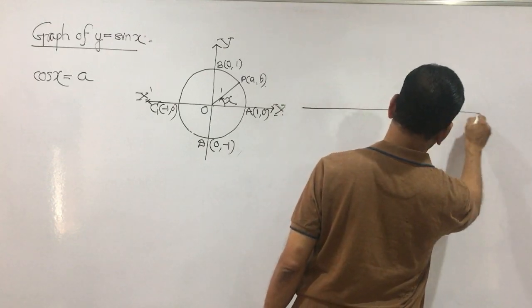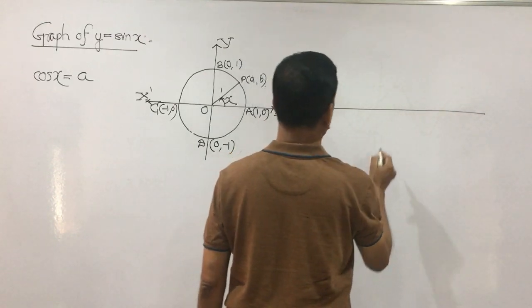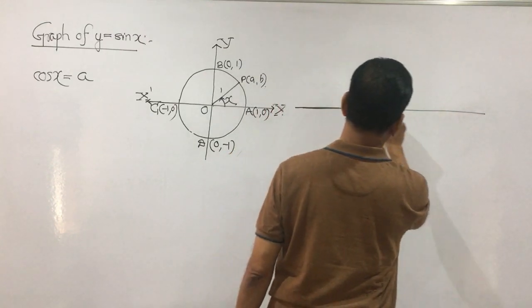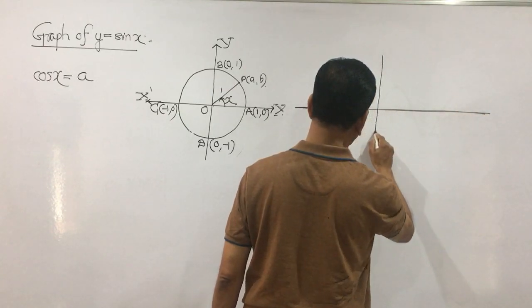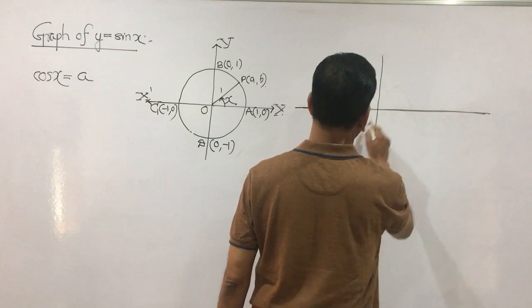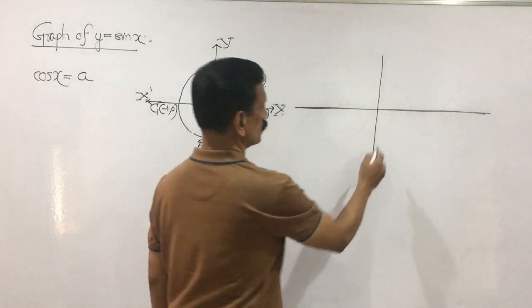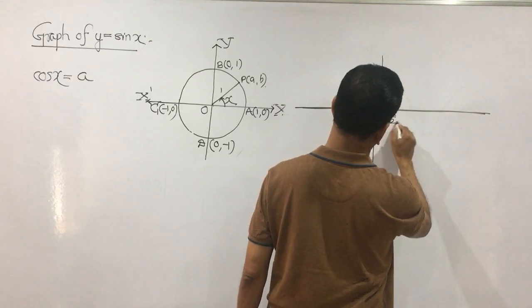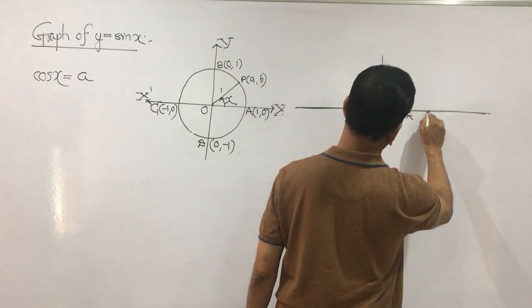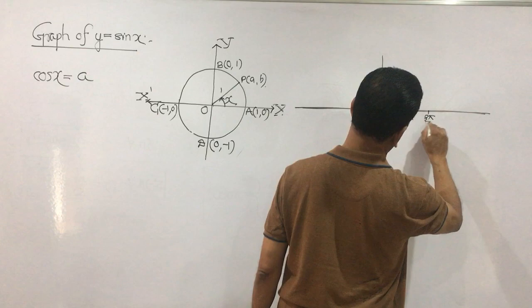Okay, now here also I draw that one. So here it is x axis. This is the x axis my dear friends. I draw here the y axis, and again I take the value here. So first I take pi by 2. Next I take pi. Next it is 3 pi by 2.